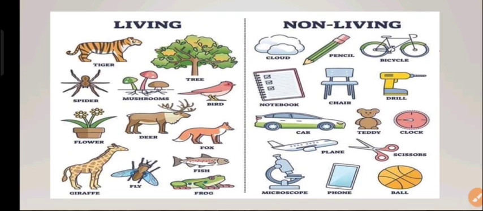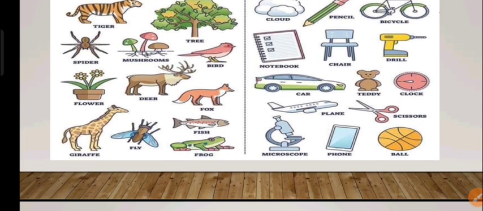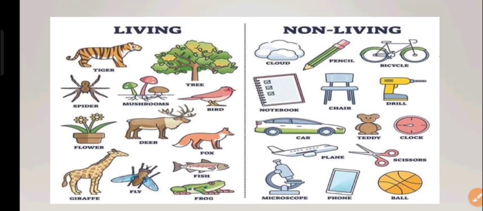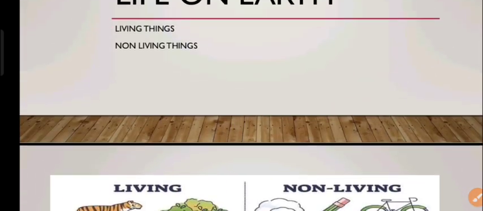Among living things we can see tree, spider, tiger, mushroom, bird, flower, fox. These are all living things. Non-living things are clouds, pencil, bicycle, notebook, etc. That is all about living and non-living things.